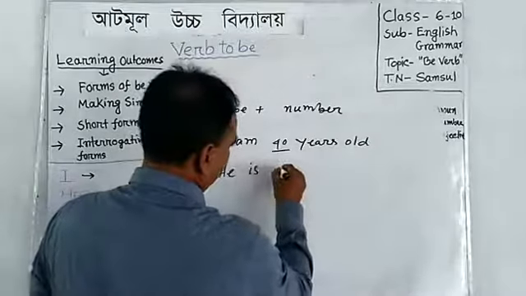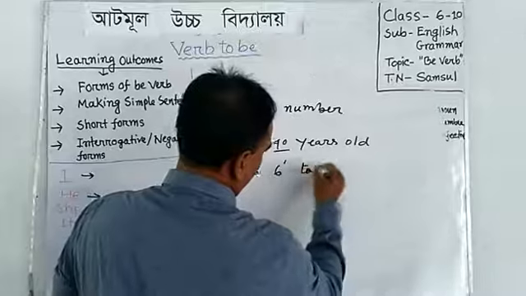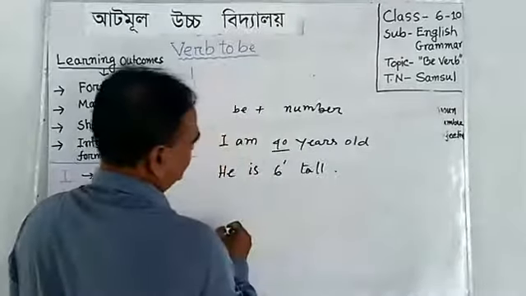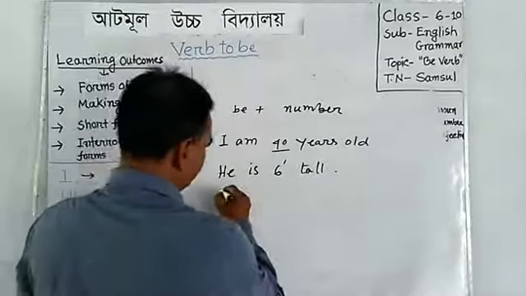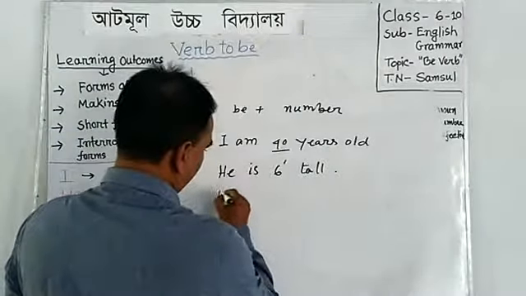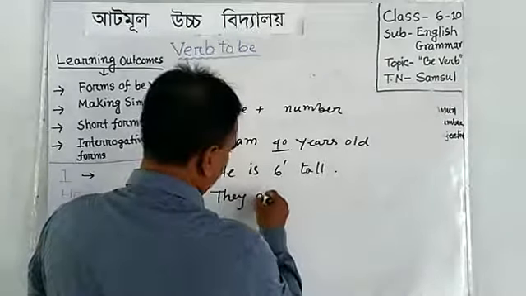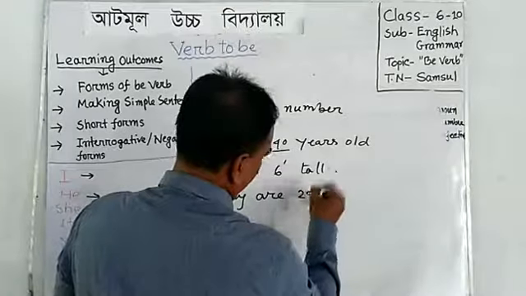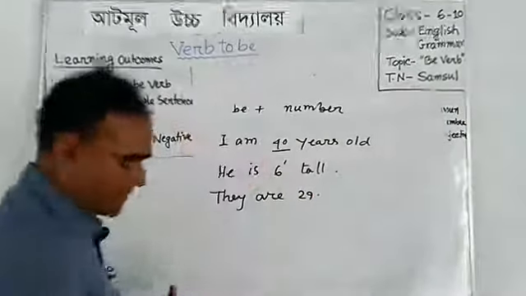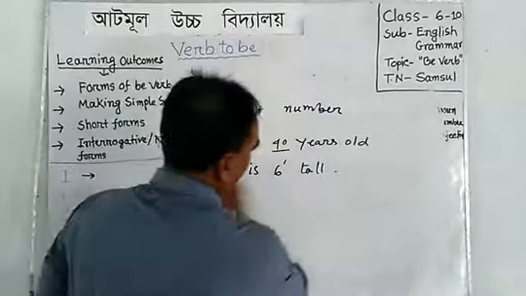He is 6 feet tall. They are 29. So we can make sentences with numbers by using be verb.